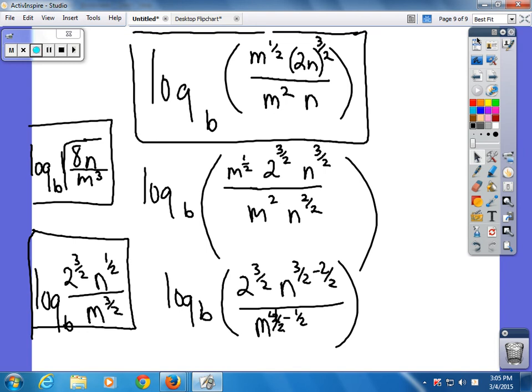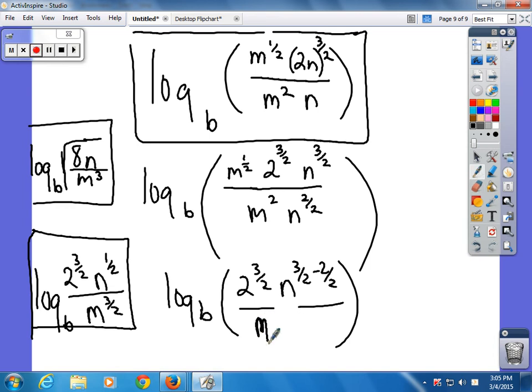I have a question and I'm trying to figure out the best way to answer it. I understand the very bottom of the log base B, I understand that you want to combine them into one fraction. I know that n^(1/2) and n squared, so you said we got 4 over 2. This is m squared, you might as well say 2 over 1, right? You can't subtract these two because they don't have like denominators.